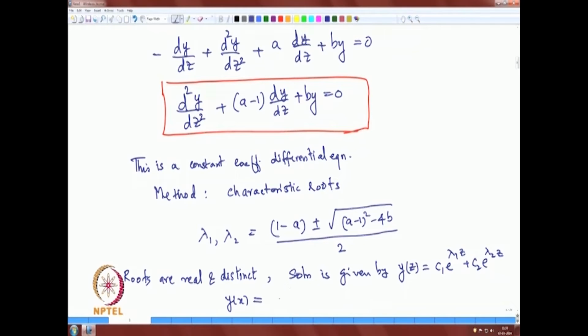So, y of x is equal to, you change z to x, that is c1 e to the power lambda 1 ln of x plus c2 e to the power lambda 2 ln of x, and if you simplify it, this is c1 x to the power lambda 1 plus c2 x to the power lambda 2. So, this is the general solution.